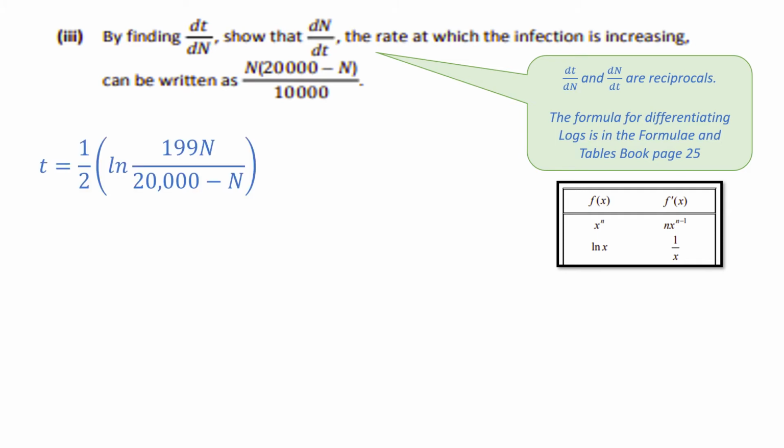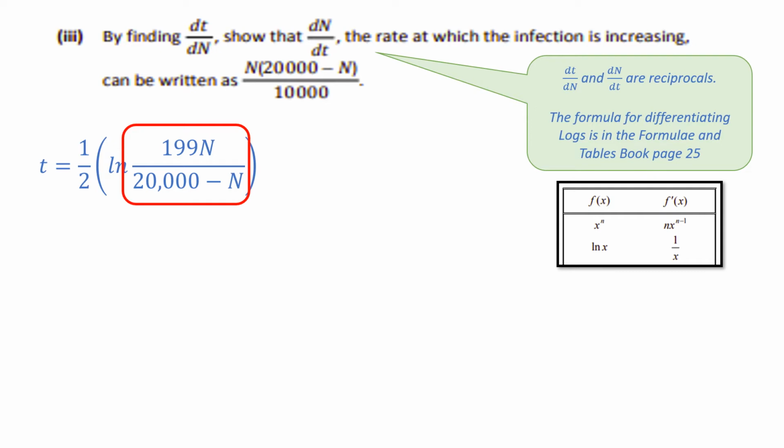So here is what I have. This is t, and I'm going to work out dt/dn. So I'm going to differentiate t with respect to n. That means n is the thing that I apply my rule to. So I have the natural log of this. The half is a coefficient that doesn't get involved. But my formula in my log tables is for the natural log of x.